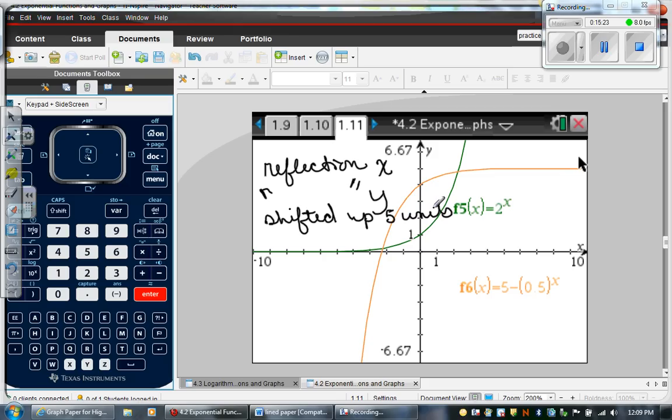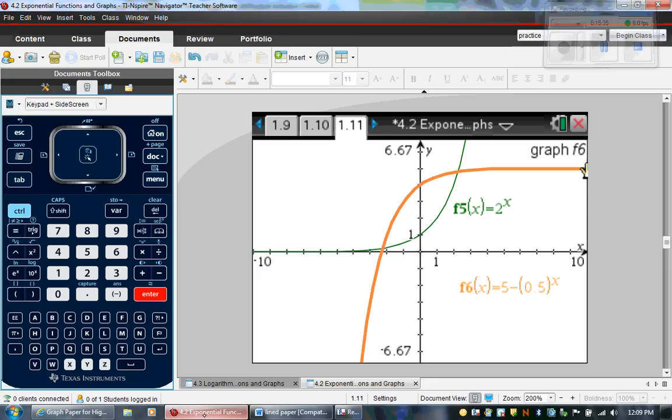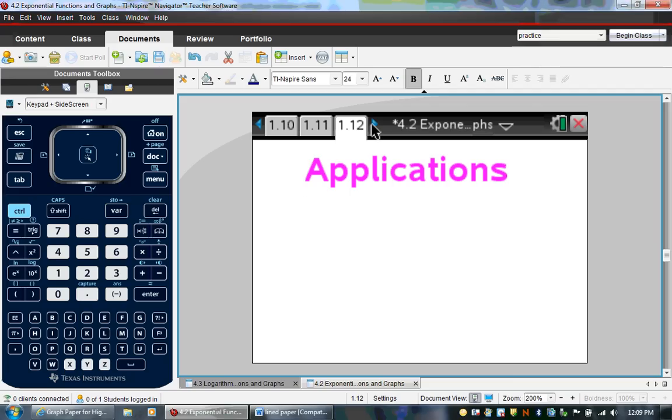Okay, so there's a lot going on with this function. Okay. So I'm actually going to stop here, and we'll pick up with applications in the next video.